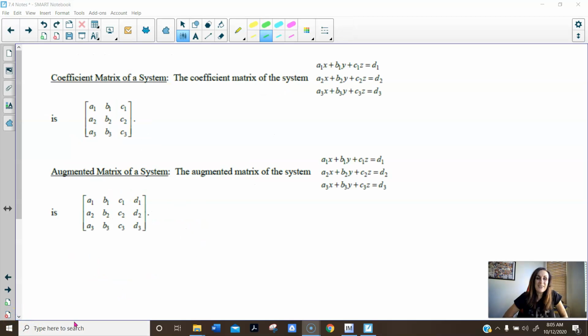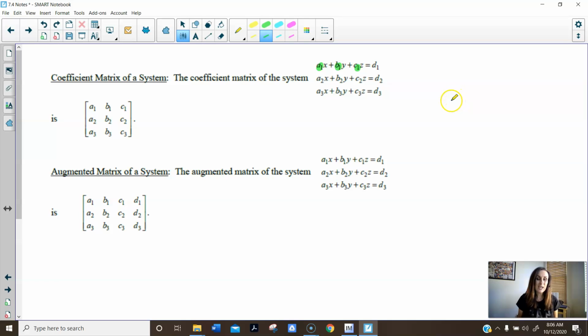So today the focus is solving a system of equations. So we see here we have a system of equations and it has 3 variables and 3 equations. The coefficients are the numbers in front of the variables. So A1 is a coefficient, B1 is a coefficient, and C1 is a coefficient.